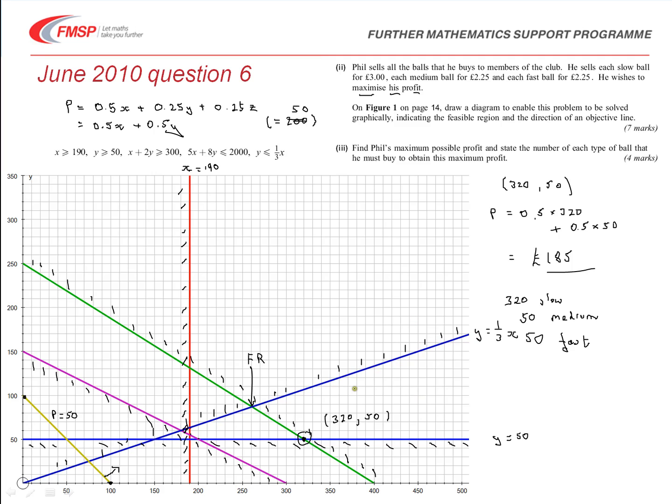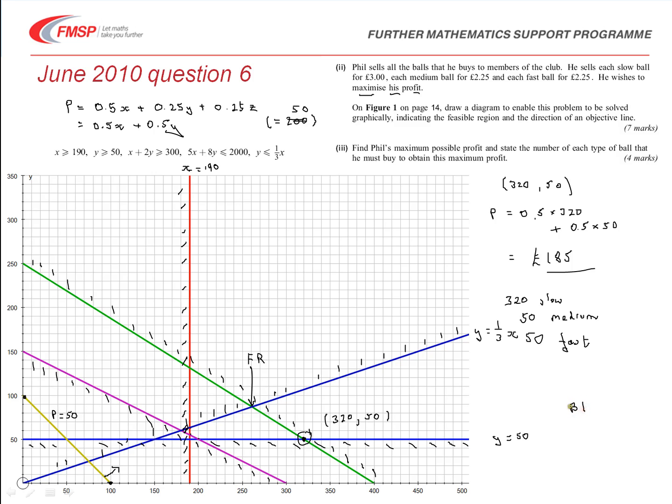Firstly then, obviously when you're drawing in your lines you need to draw them in accurately, and they must be accurate to within half a square horizontally or vertically at each of the points of intersection. So, having x equals 190 and y equals 50, that's two of your lines, will give you 1 mark.